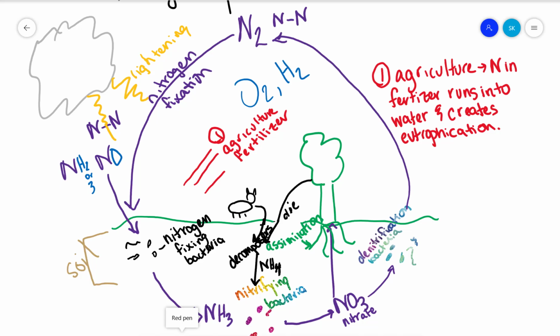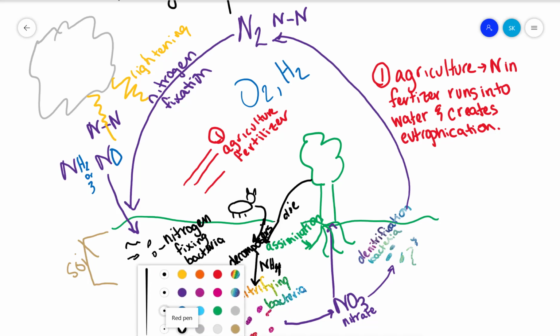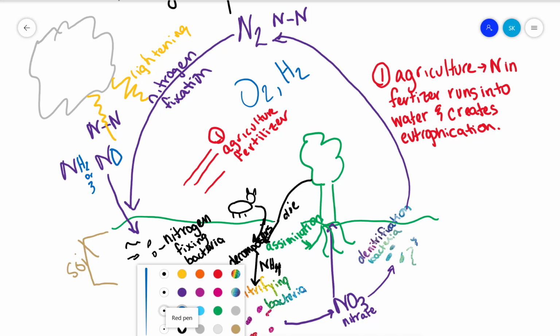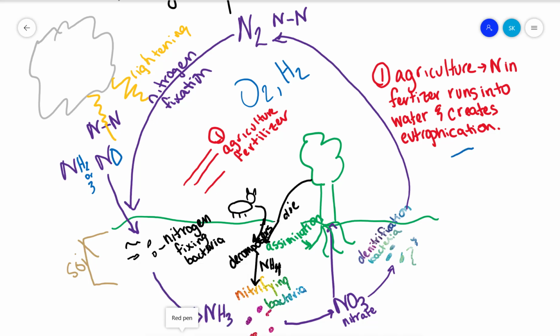So plants and algae and fungus, they love nitrogen, so they overgrow in these lakes. I'm just going to use a lake as an example, but it can happen anywhere. So here's my lake.